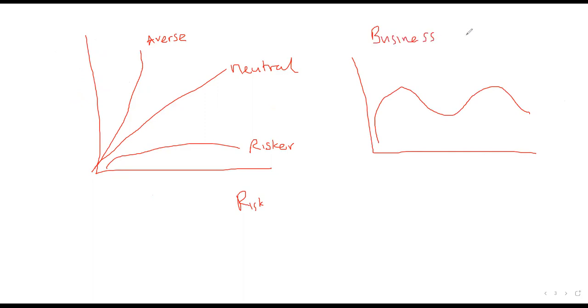So these business cycles are as follows. At point A, we have what we call a boom. This is when the stock market is at its peak, the economy is doing fine, unemployment is low, interest rates are high, the bond market, stock market prices are high. So the firm will now go into what we call a recession until it reaches point B, which is called a trough.